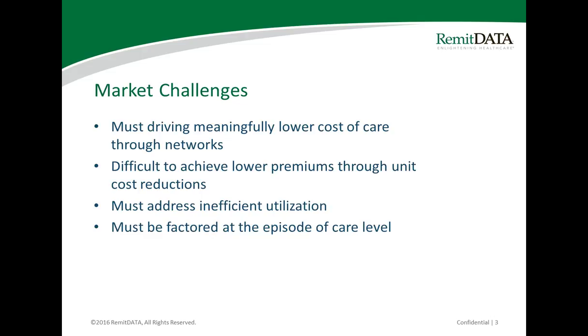It's very difficult for them to achieve this lower premium level purely through unit cost reductions alone. So payers must address inefficient utilization and be able to factor that in at the episode of care level as well. To elaborate on that a bit, as an example, a high volume facility may have a contracted rate that's well in line with the average facility cost in a given area. But if these fees aren't being analyzed holistically at the episode of care level, you could be missing a broader cost trend of inflated fees that are coming from episode-related services.